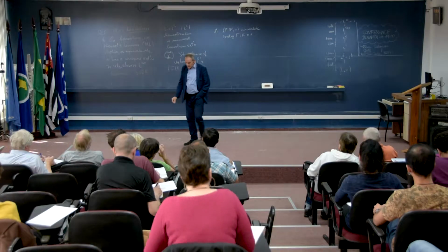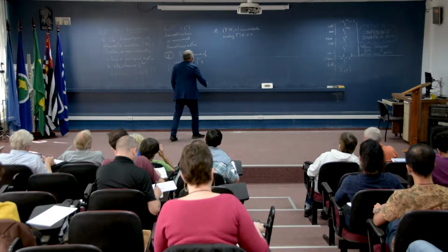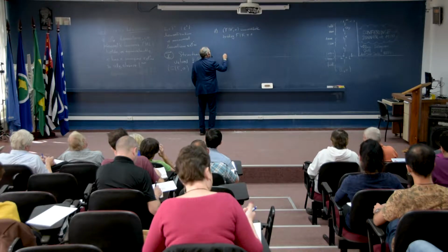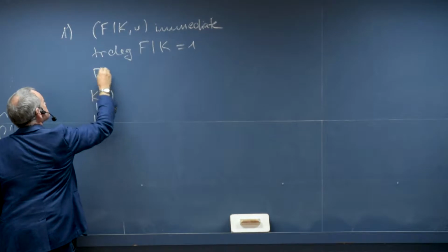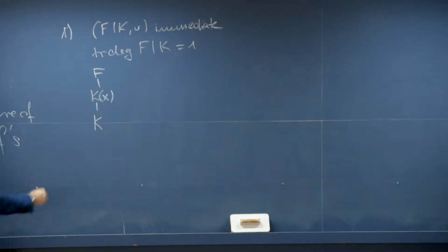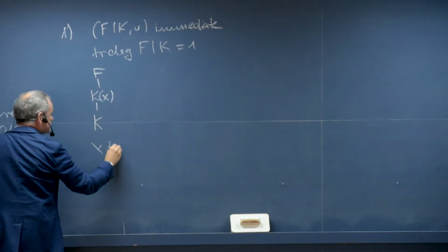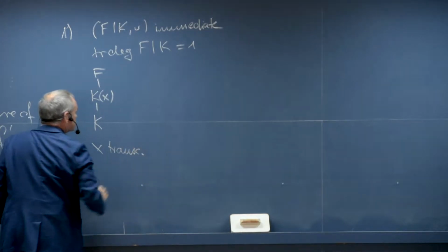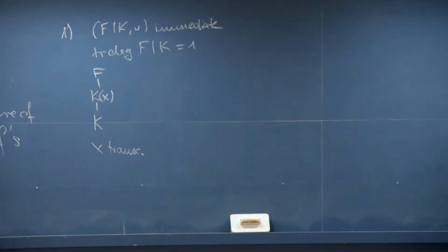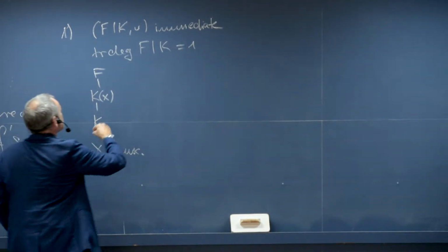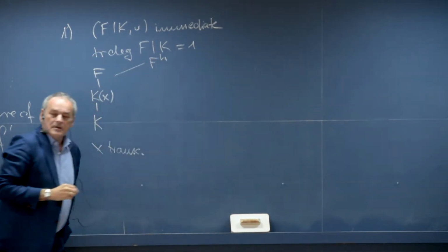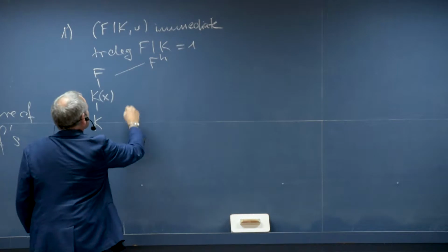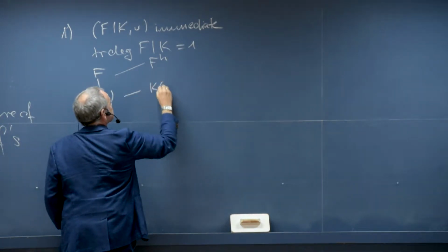Okay, now, what we can do is we can take a transcendental element, so x transcendental. And we can look at the respective Henselization. So take a Henselization of F, and in that you find the Henselization of K(x).